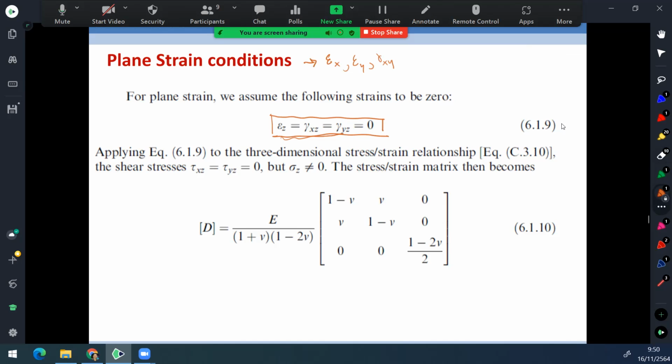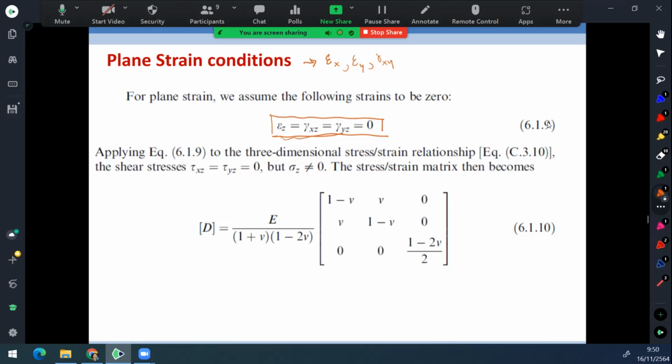For that case, what does it mean? If we come back to the three-dimensional case, you will see that we just simplify so that epsilon z, gamma yz, and gamma xz become 0.